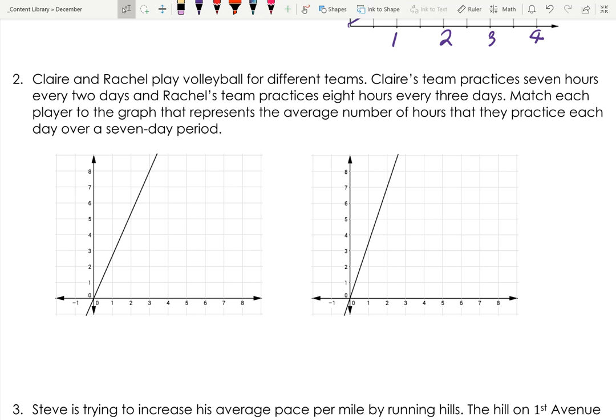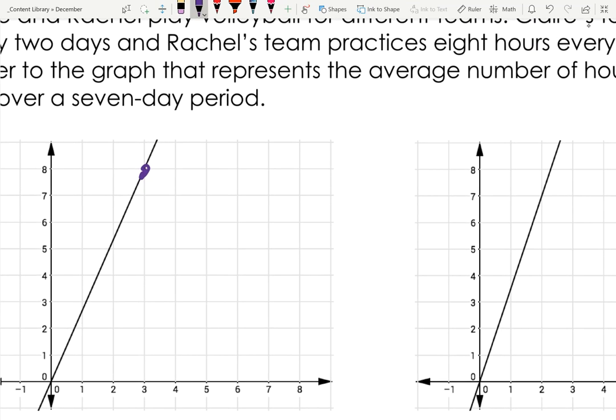So when we look at this first graph, I'm looking at this line, and I'm looking for any particular point of interest. And I notice one up there, right? That's a solid point that intersects the grid very evenly right here at this point.